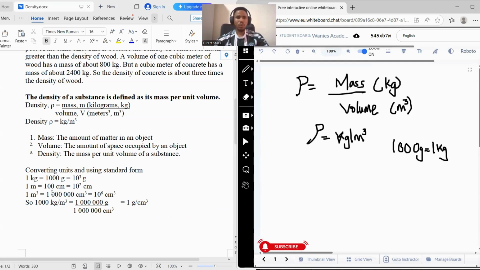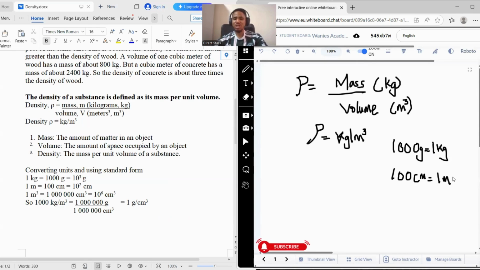And 100 centimeter make 1 meter. So if we have length in centimeter, then we know how to convert it to meter. Remember, this is meter cube, not ordinary meter.